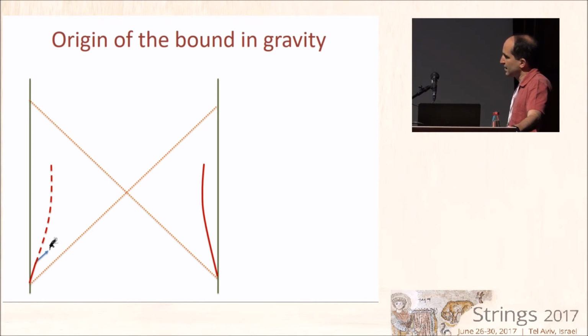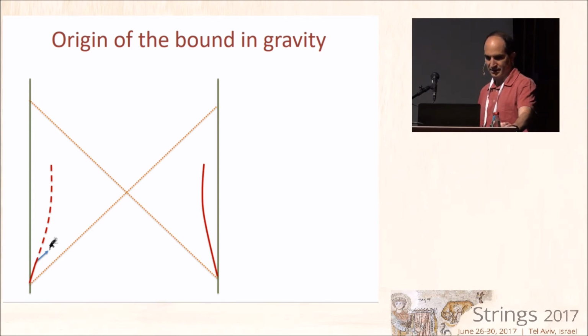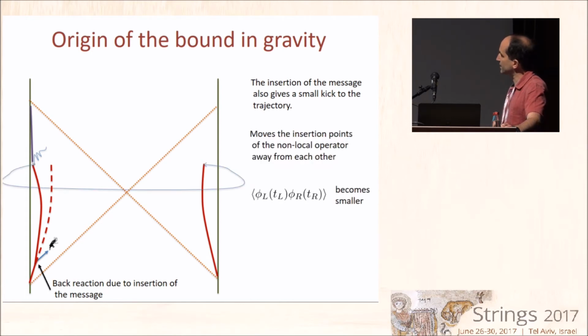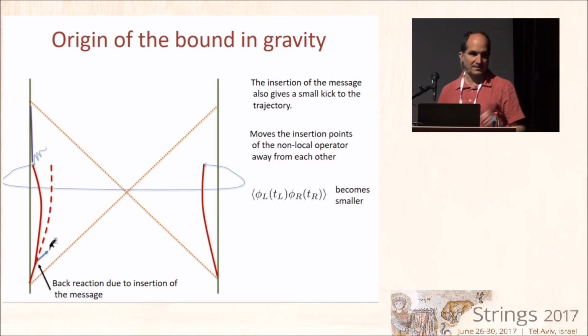So as we discussed, when we send something in, the boundary trajectory gets a little kick outwards, and so far we have ignored that kick imparted by the information we send, but if we take it into account, then the trajectory is going to be slightly different, and by the time we make this measurement, or we do the double trace interaction, we'll find that these two boundaries are going to be further than you thought because of this kick.